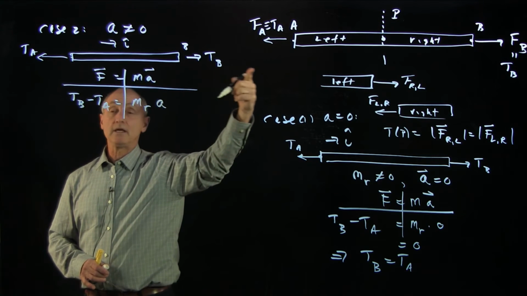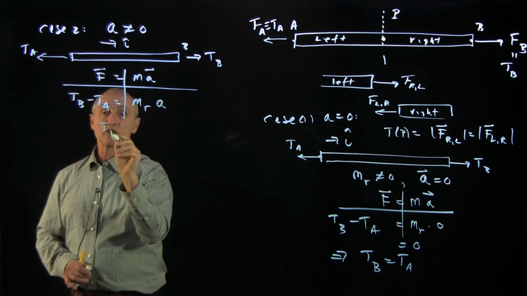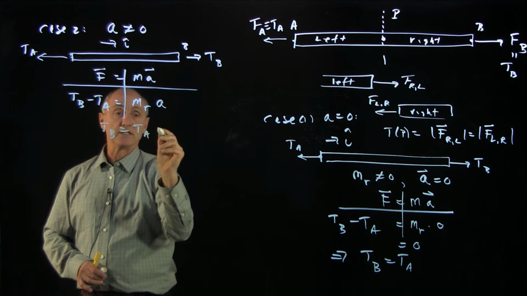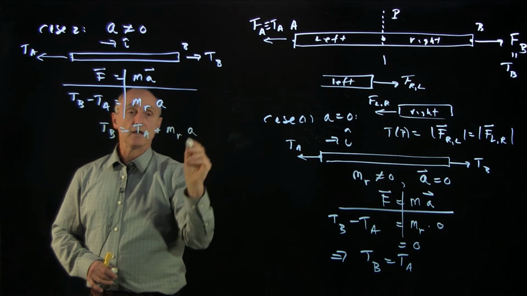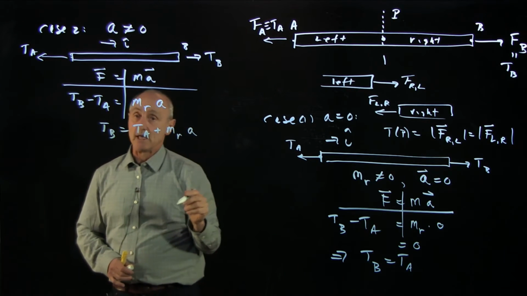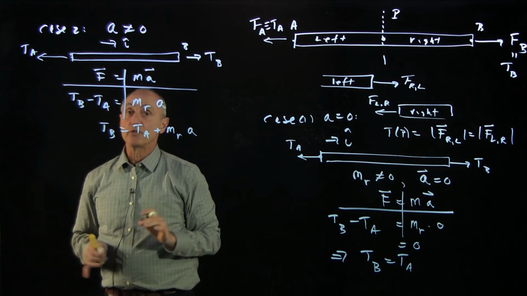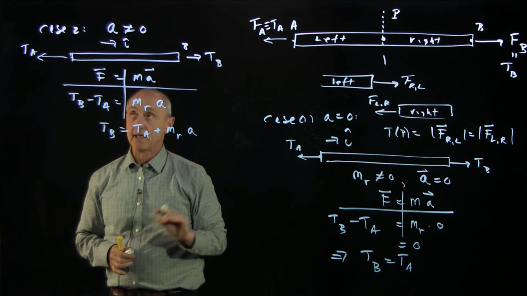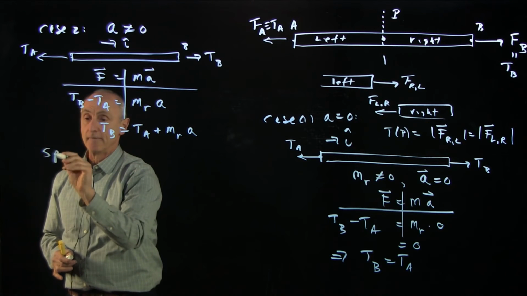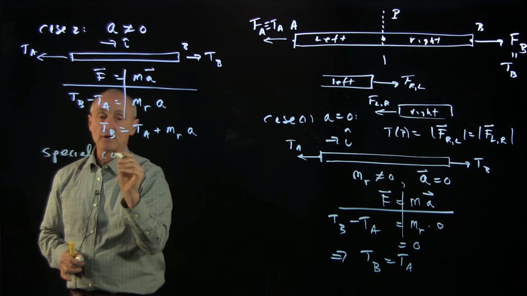So TB is greater than TA by precisely the quantity m_r times a. And so the tension at the ends is not the same, and therefore the tension in the rope is not uniform.